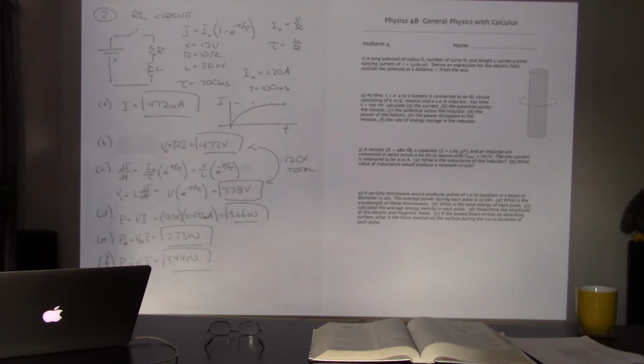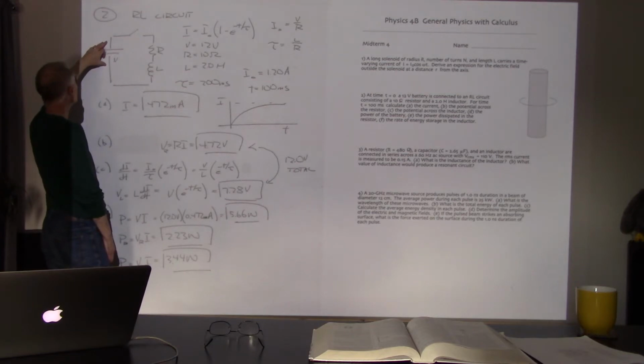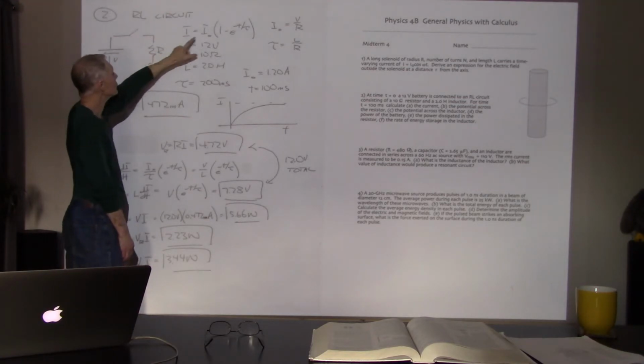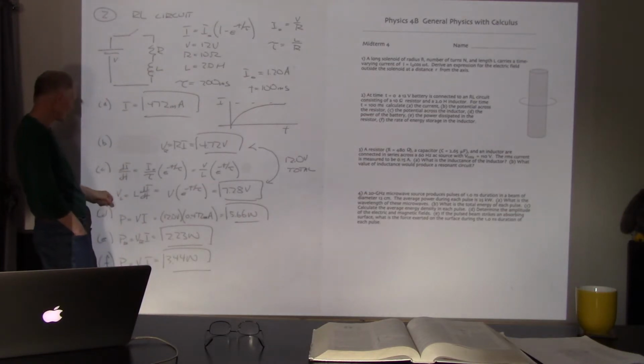Now, for the inductor, we would think, since this is a DC power supply, the battery, that the voltage in the resistor and the voltage in the inductor have to add up to the combined 12 volts. Let's see if they do. To calculate voltage in the inductor, we need L times di dt.